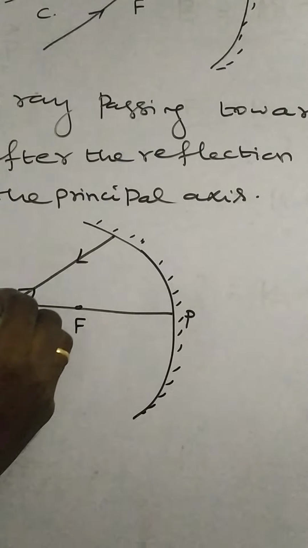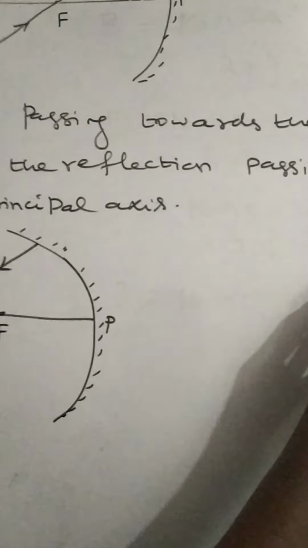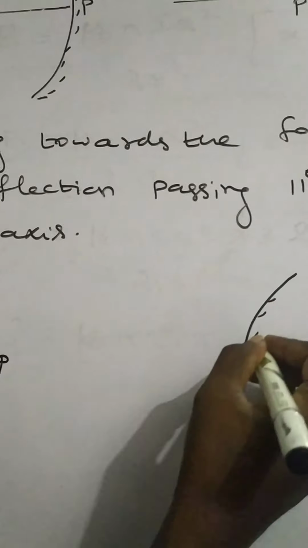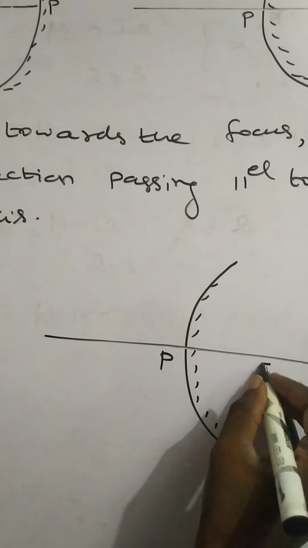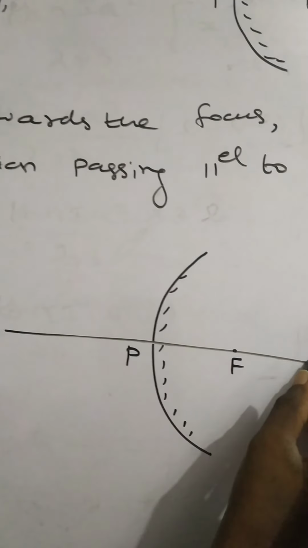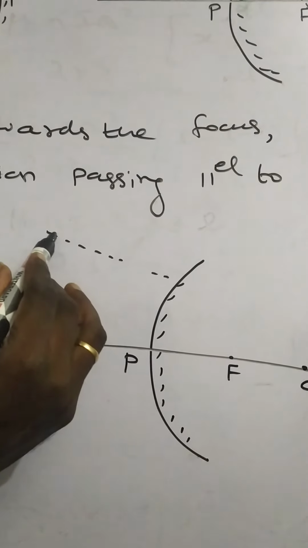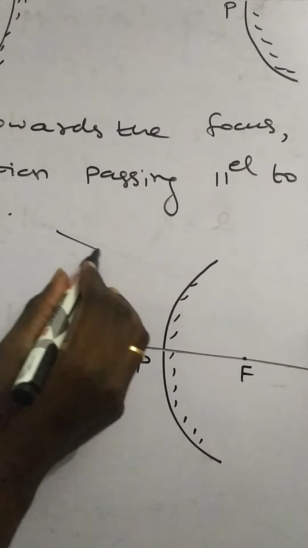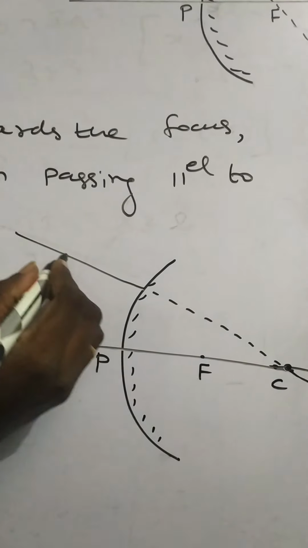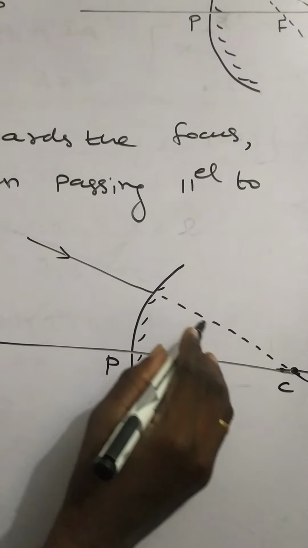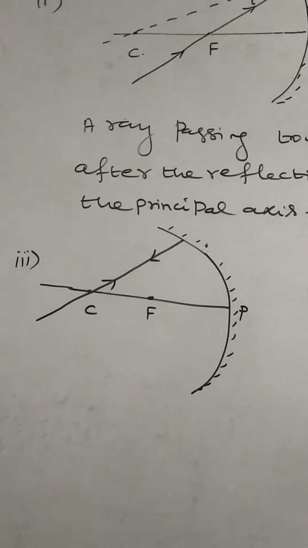A ray passing towards the center of curvature, after the reflection, retraces the same path. It returns along the same path.